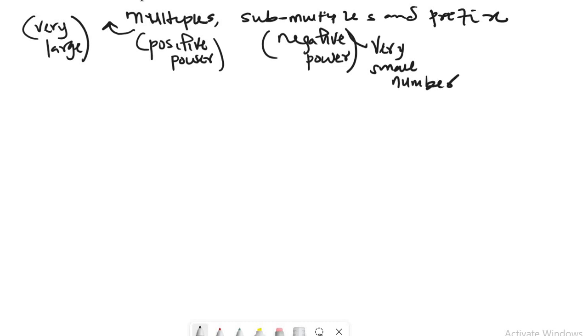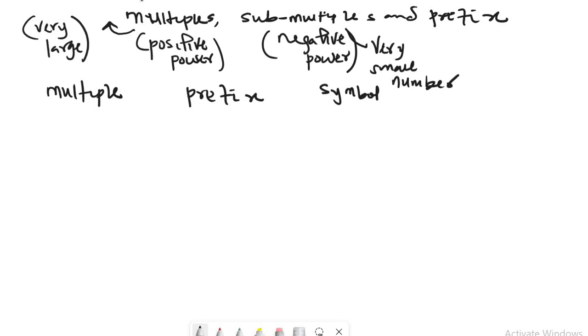Now, let's see the fixed ones. We have some constant multiples we use a lot in physics: the prefix and the symbol. Let's see that now.